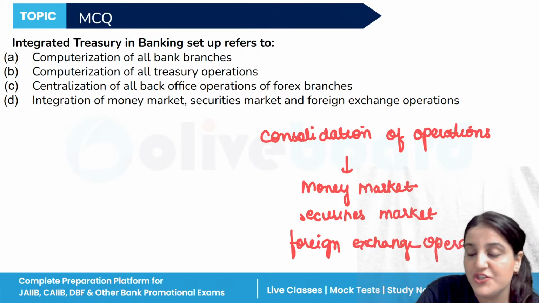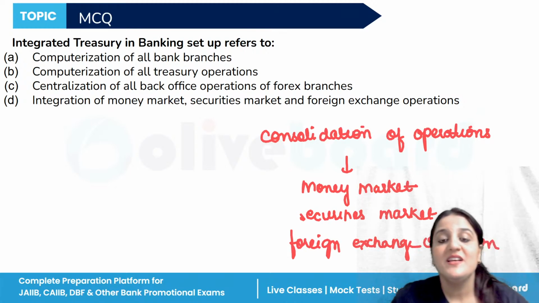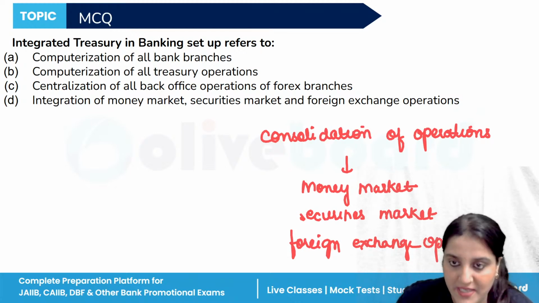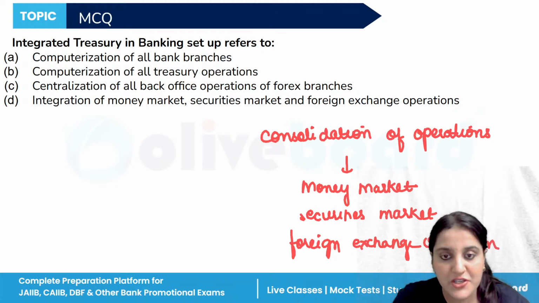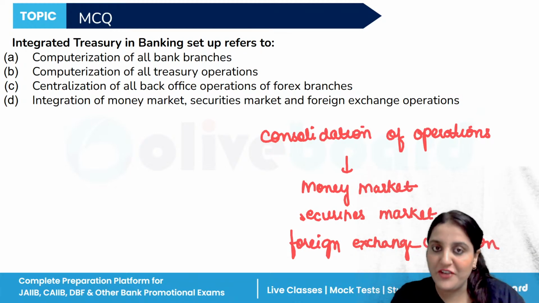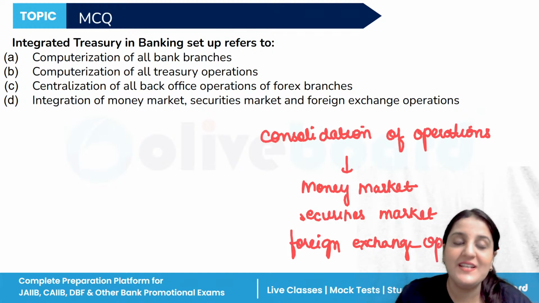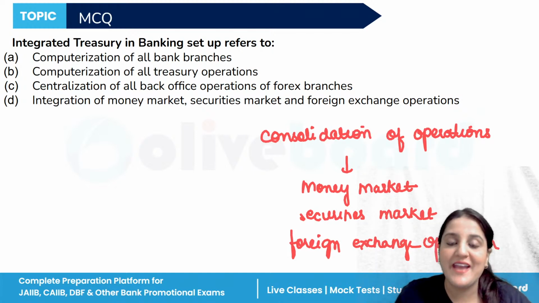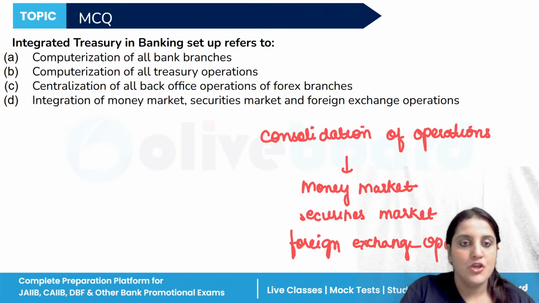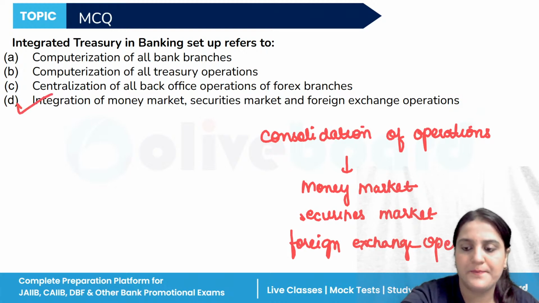This integration allows for centralized decision making, improved risk management, and better profitability by efficiently utilizing funds across these markets. So option D is correct here.